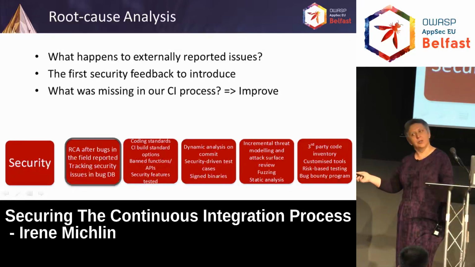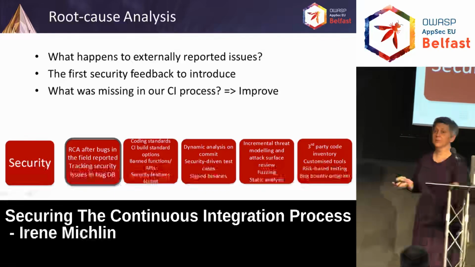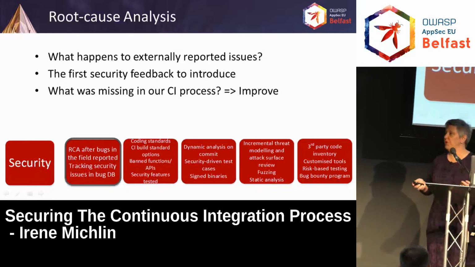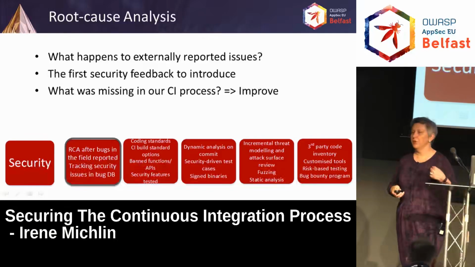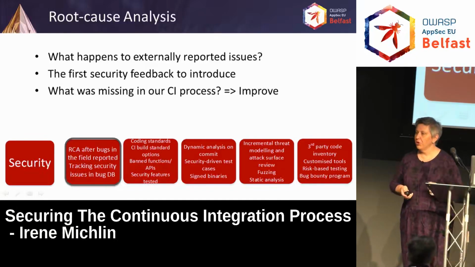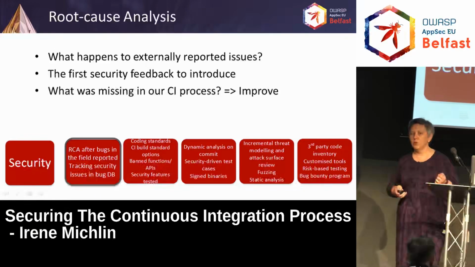Either an ethical researcher has done a responsible disclosure to you, or maybe you were proactive and you ordered an external pen test. What is the outcome? You received this report from the pen test, you received the responsible disclosure. What will you do with it? You should use it to go through your continuous integration process and think, what was missing in it?